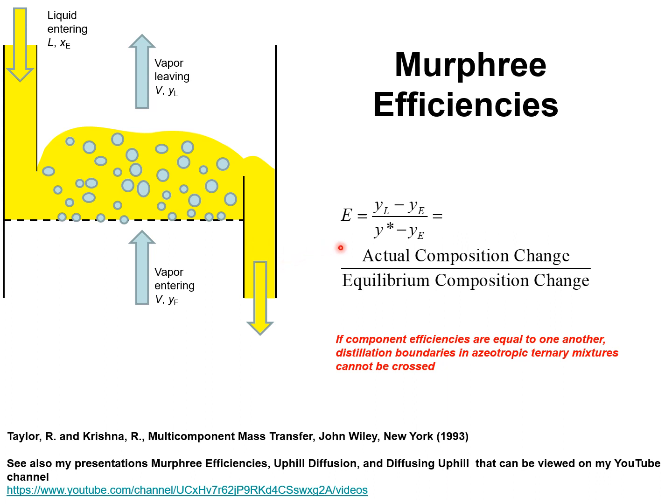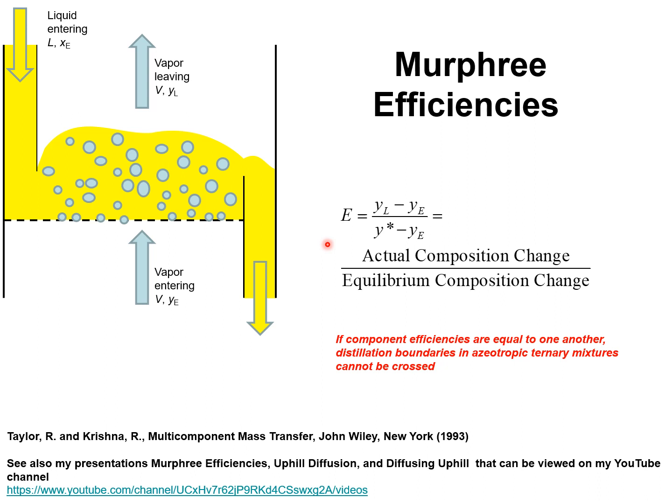For a binary mixture, since the mole fractions add to unity, the component efficiency for component 1 should be identical to that of component 2. Furthermore, for a binary mixture, the component Murphree efficiencies are bounded between the values of 0 and unity.